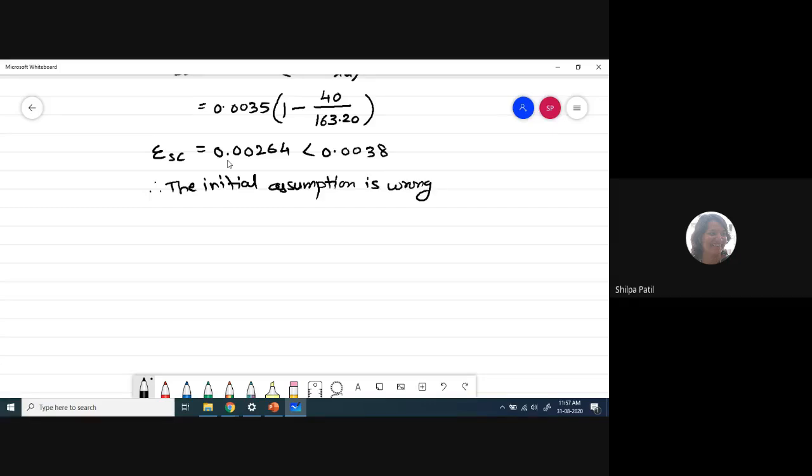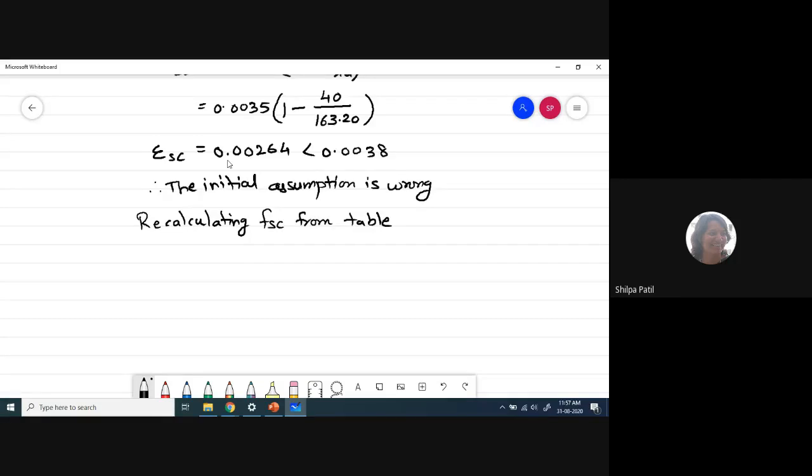Now to calculate the correct FSC value, we have to find the FSC value from the table. So just write down the sentence: recalculating FSC from table.